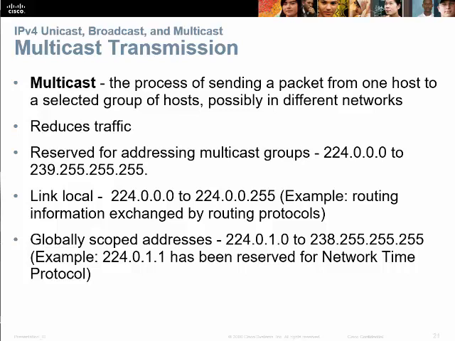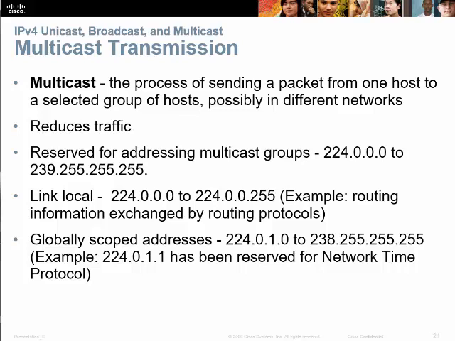Just like if I say, okay, people from here to here, the ones I'm talking to now, a selected group of hosts, not everybody. That is multicast. It is used to reduce traffic and is reserved for addressing multicast groups. The multicast range is 224 to 239.